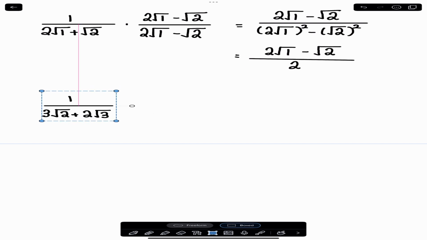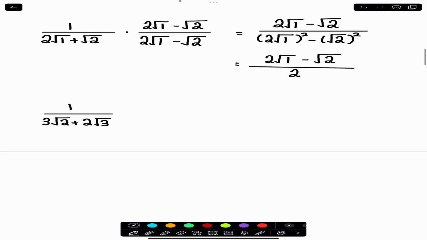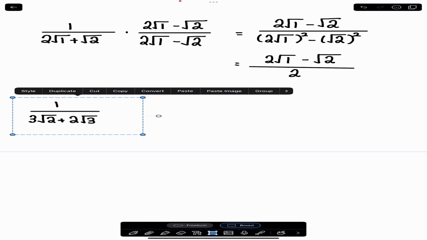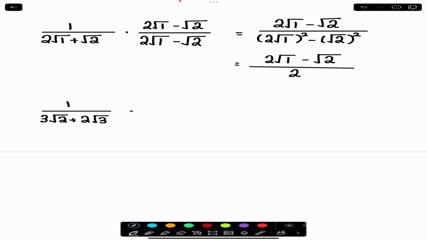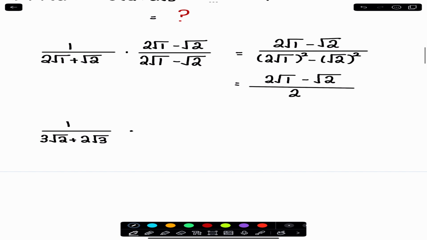So I'm just going to go ahead and copy that. Then, let me just line that up real quick. And we're going to multiply by the conjugate once again, which would be 3 root 2 minus 2 root 3 on the top and bottom.